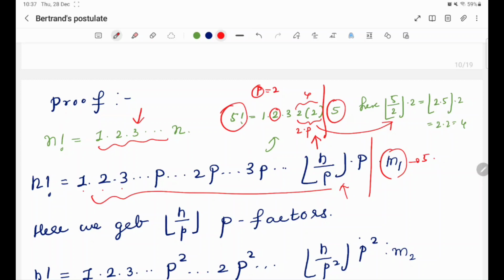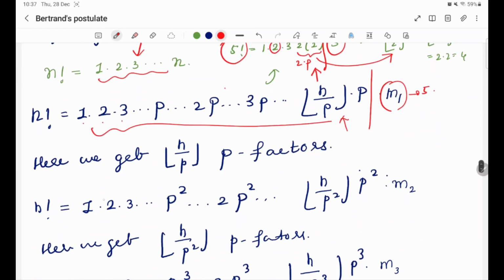But it is not enough. Why is it not enough? Because when I write 2 times p, this 2 may also be that prime number, so I didn't count this. To count this, I do it again in a different fashion. Instead of going for p, I go up to p square. So p square would be 4, right?